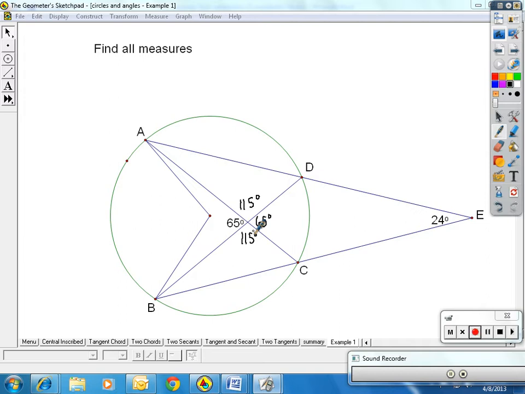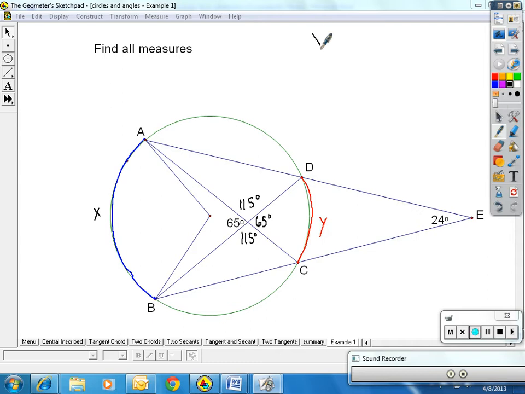Next, I'm going to use this 24. I noticed that 24 is going to use this arc here. If I knew this arc, which I don't, so I'm going to call it X, and I knew what this arc was, which I'll call Y, I should be able to find 24. So let's write an equation.